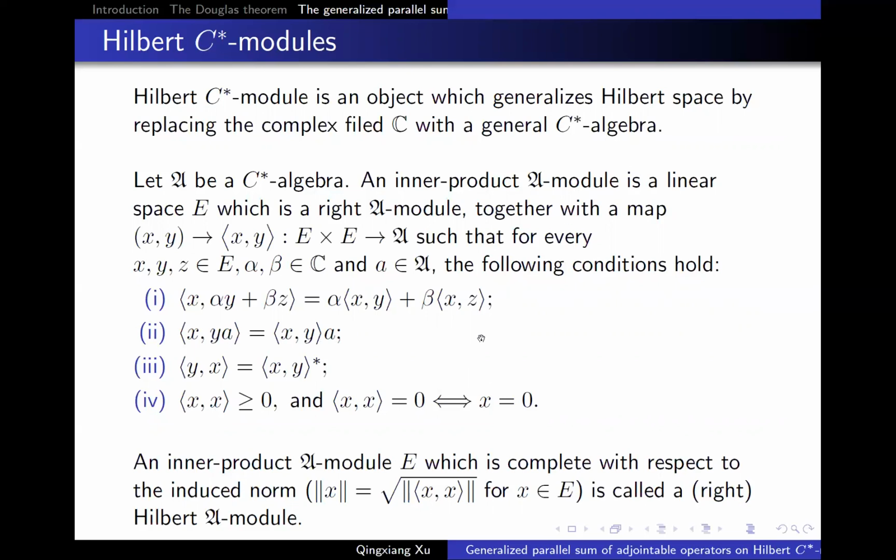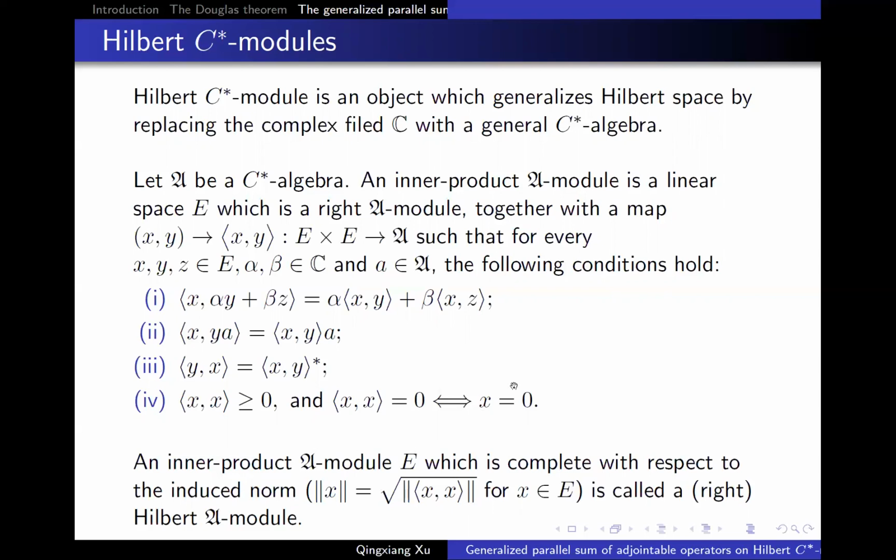And like in the case of Hilbert space, from these four conditions, we can get the well-known Cauchy-Schwarz inequality. And based on the Cauchy-Schwarz inequality, a norm can be induced in this way.